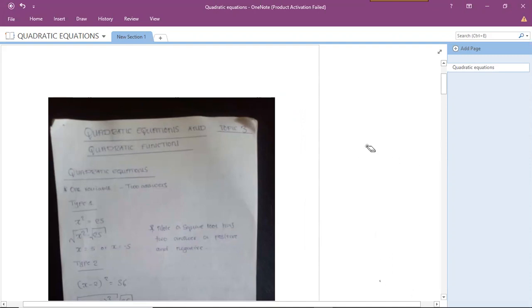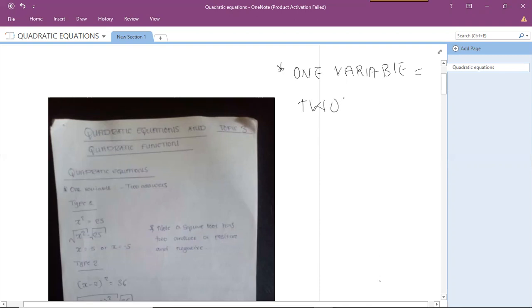So a quadratic equation is an equation in which one variable, so every type of quadratic equation is going to have one variable, and that one variable is going to give you two answers. So that's the characteristic of any type of quadratic equation. You're going to have one variable giving you two answers.